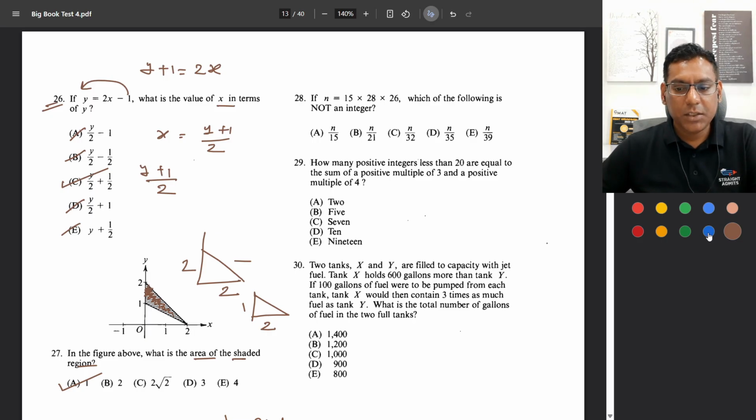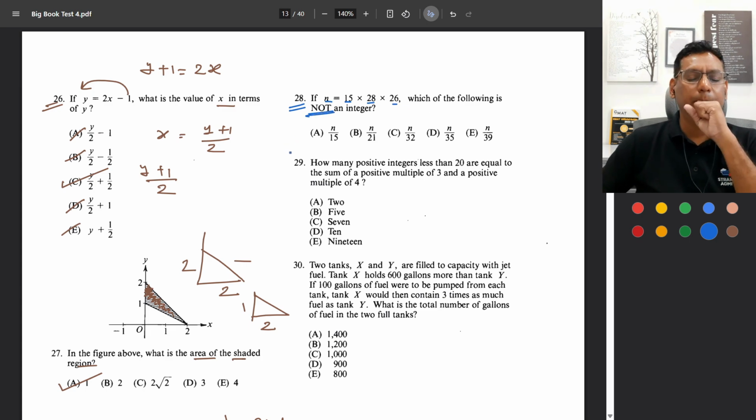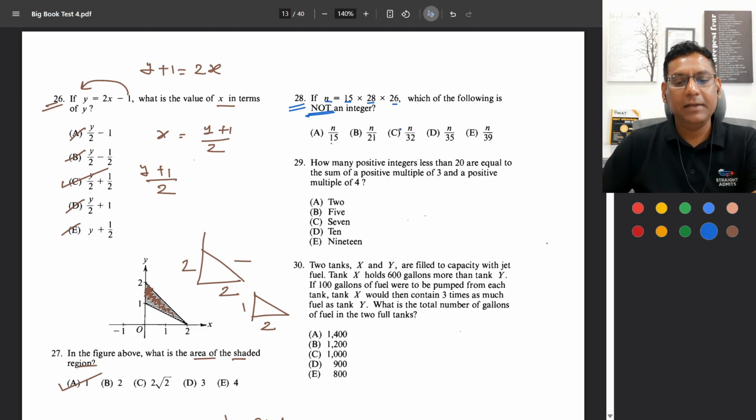Right? Let's look at question 28. If n is equal to 15 into 28 into 26, which of the following is not an integer? There are all these numbers. Do I really want to find out the value of n and then divide that value by all these numbers? That would be one way of doing it.